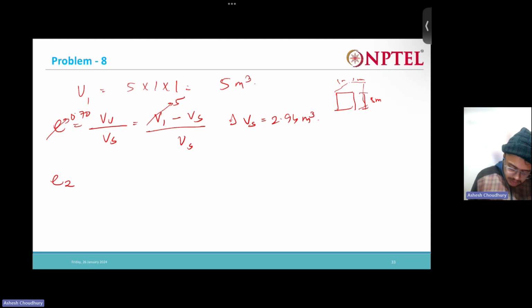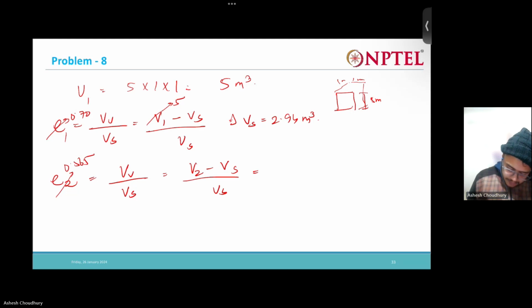Now E2. Again, volume of voids by volume of solids. Volume of voids is V2 minus Vs, by Vs. The volume of solids is going to be constant. So E2 is nothing but 0.565. So V2 is total volume minus Vs, 2.94, by 2.94.